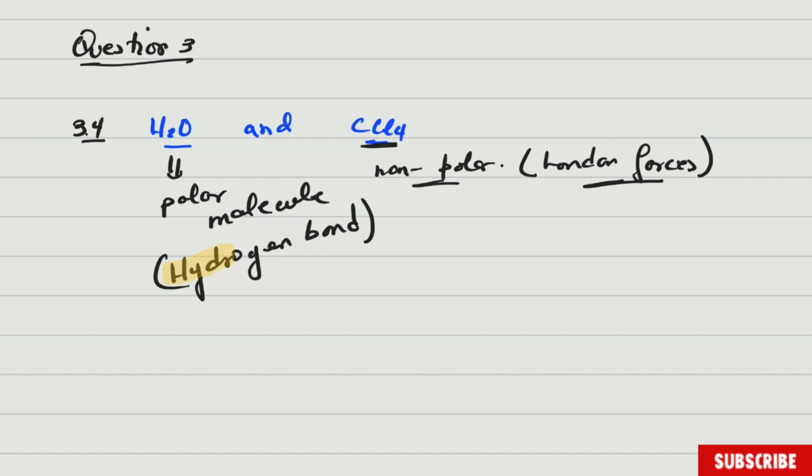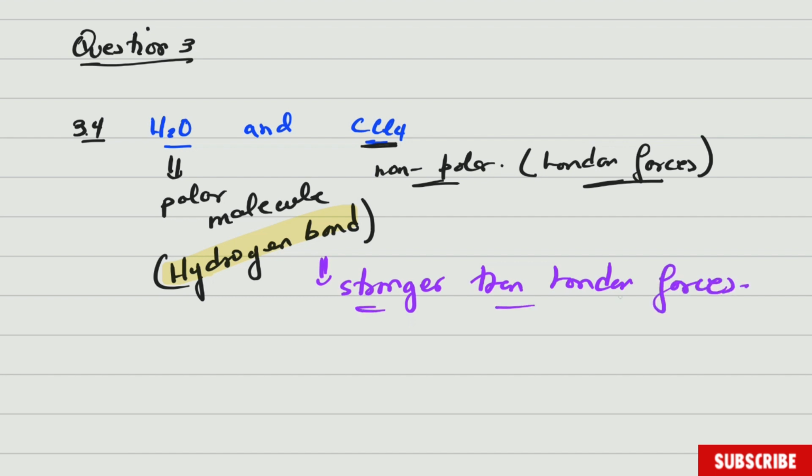Water has hydrogen bond. Hydrogen bond is stronger than London forces. So hydrogen bond is stronger than London forces and stronger than any other force. It's a stronger intermolecular force.